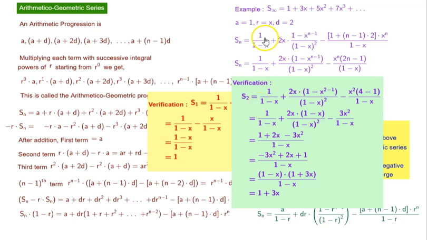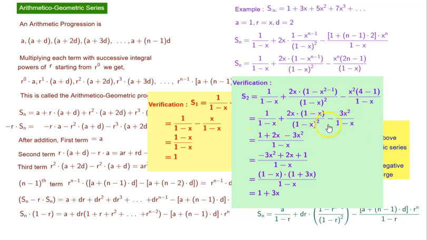S sub 2 is equal to 1 by 1 minus x plus 2x times 1 minus x to the power of 2 minus 1 divided by 1 minus x square minus x square times 2 times 2, that is 4, minus 1 by 1 minus x, which gives us 1 by 1 minus x plus 2x times 1 minus x by 1 minus x square minus 4 minus 1 is 3, so 3x square by 1 minus x. Now here 1 minus x and one of the 1 minus x gets cancelled out.